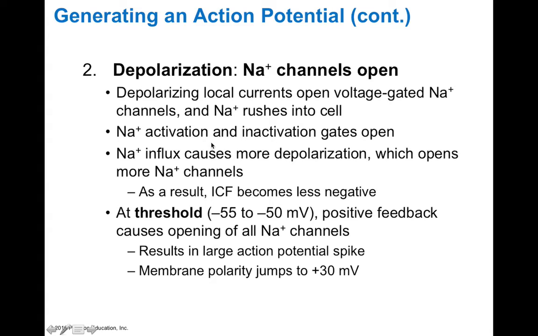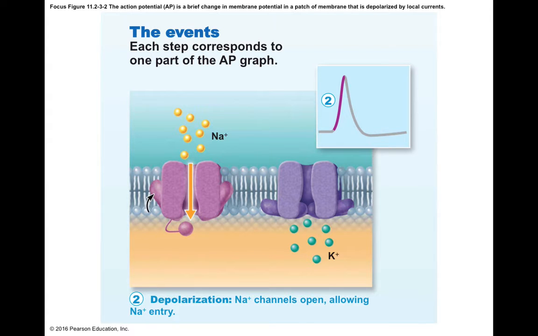Sodium activation gates open, and sodium influx causes even more depolarization, which causes the voltage to go from about negative 55 all the way up to positive 30 millivolts, because as sodium rushes into the cell, it's bringing in more positive charge. So that's what we're seeing here, that the rising phase of the action potential is due to positively charged sodium rushing into the cell.